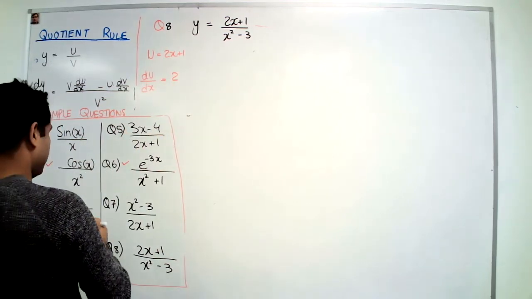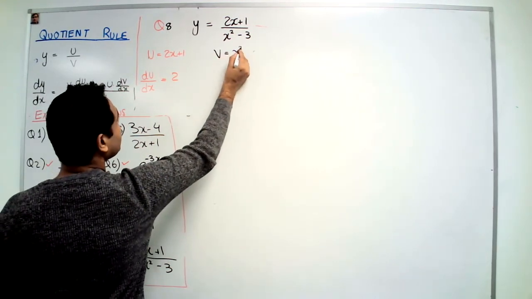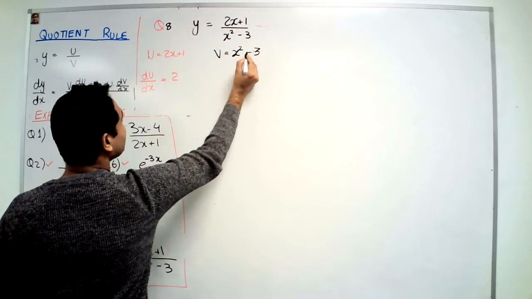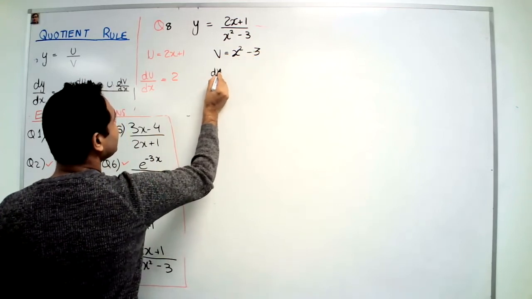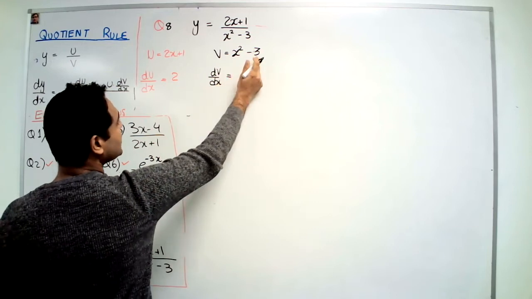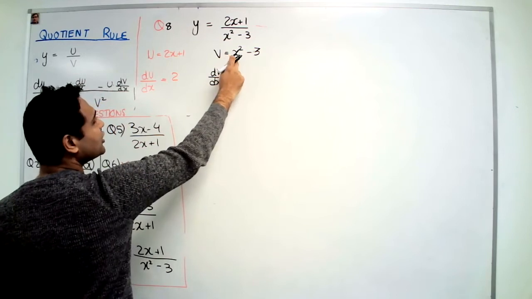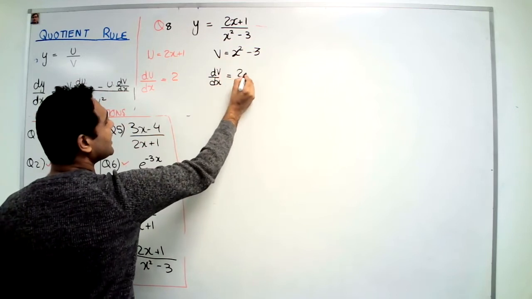Now I got the v. The v is x squared minus 3. Now I need to differentiate this with dv over dx. Differentiation of the 3 is a 0, so I ignore that constant. Differentiation of x squared is just 2x.